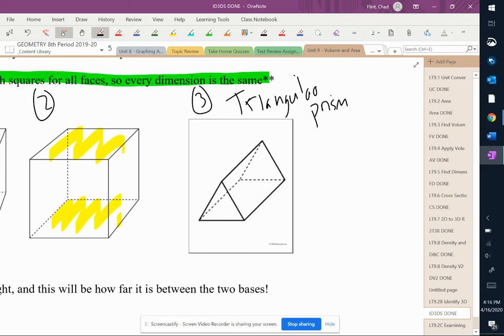And again, now with this, the top and the bottom of this box, the bases, and I'm putting air quotes around that as I'm talking here, the bases are going to have to be the triangles because they have to be identical and they have to be parallel to each other. So what you would do with this is you would imagine or draw this box standing straight up.